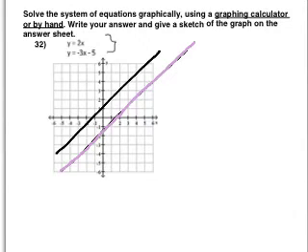But those aren't situations that we need to worry about very much. I mean, you have to know that when there's parallel lines, there's no solution, and when there's the same line, there's infinite solutions, because some of the questions on the test are going to be about that. And you need to know a few different ways of figuring that out.